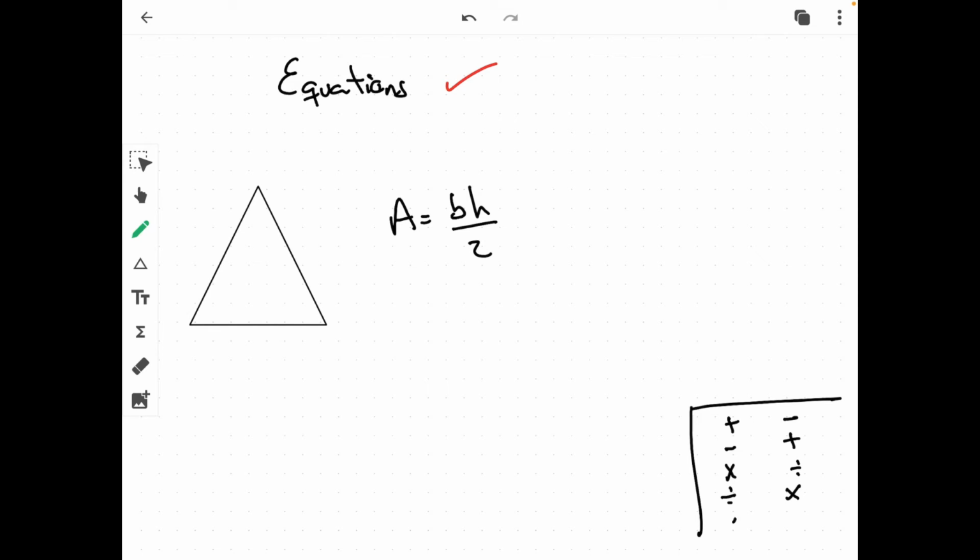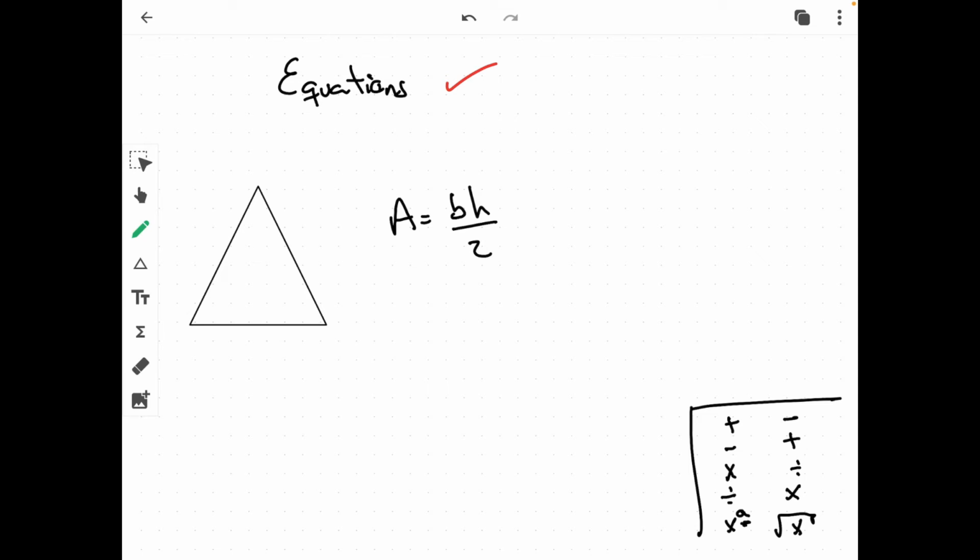And we should know that for an exponent, the opposite will be the root. So, well, it depends: a square root if it is a square, and a cube root if it is a cube, or whatever. So these are the opposite operations.